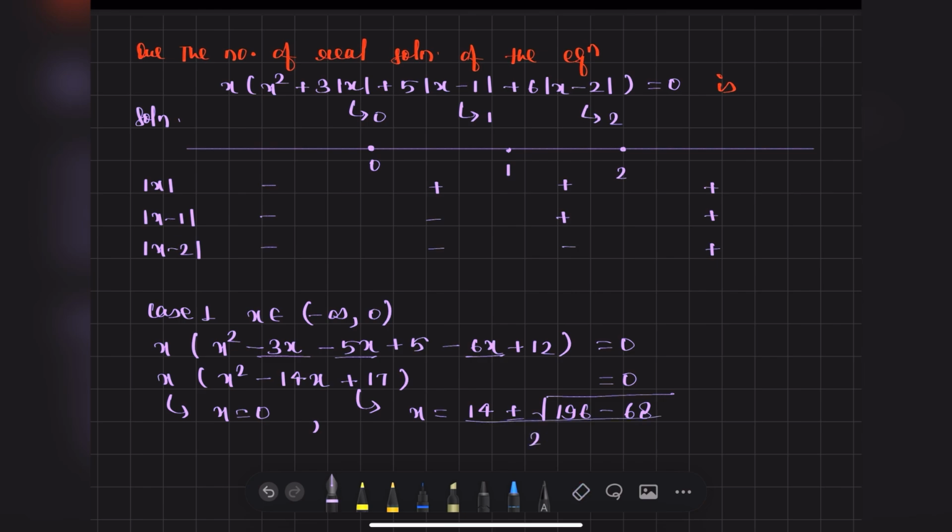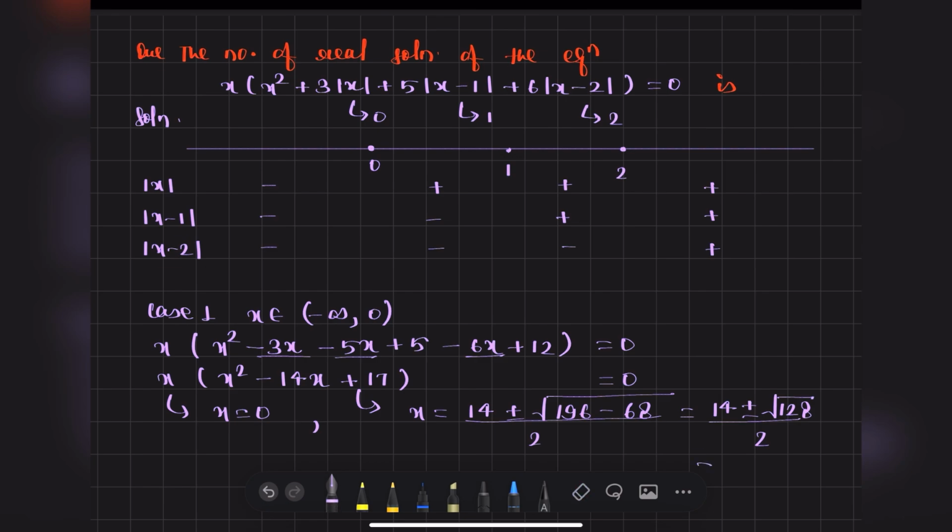A is 1, so it is 2 only. Now be super slow. So we have 14 plus minus root over 68, by 2. Is that okay?